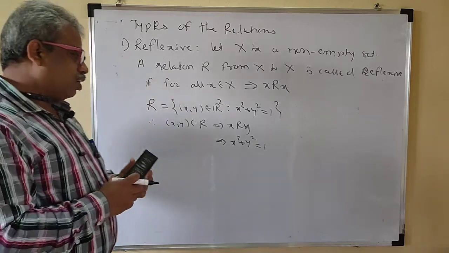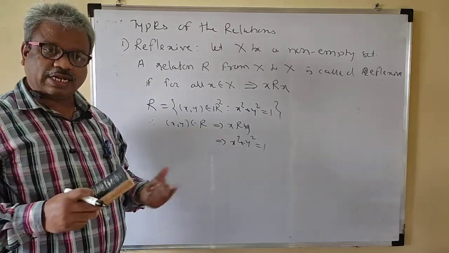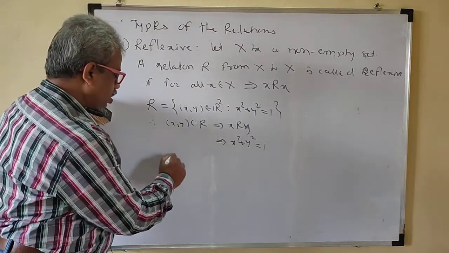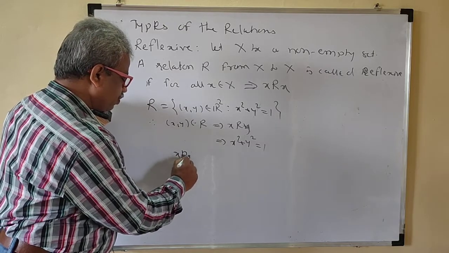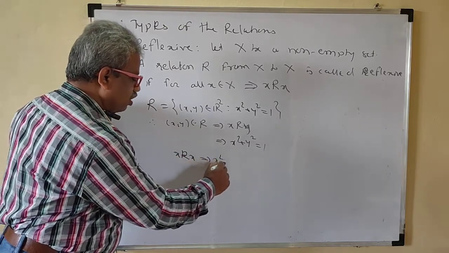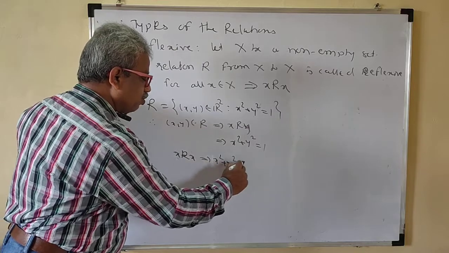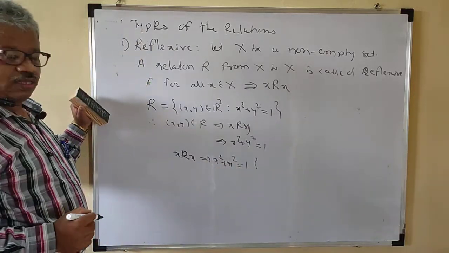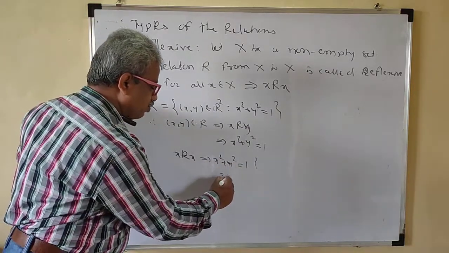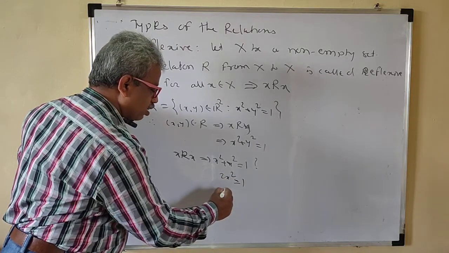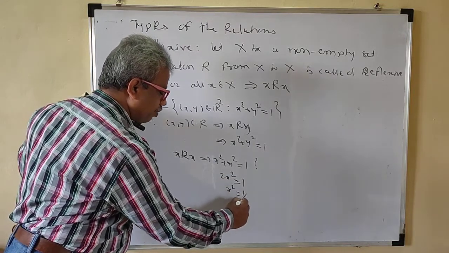X is related to x means x square plus x square is equal to 1. Is it true? Then twice x square is equal to 1, so x square is equal to 1 half.